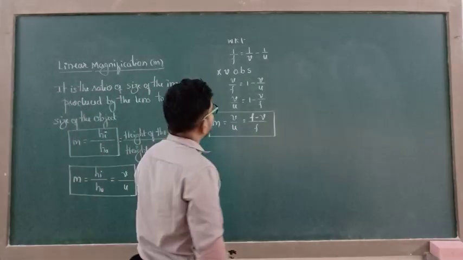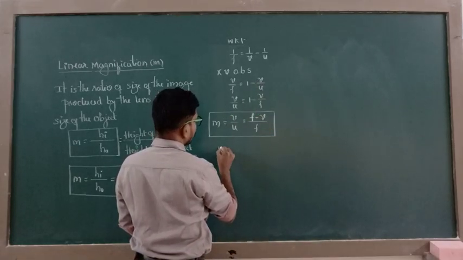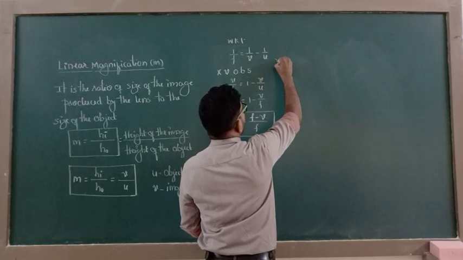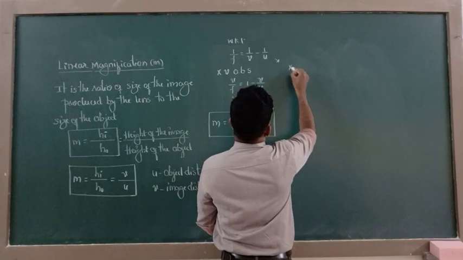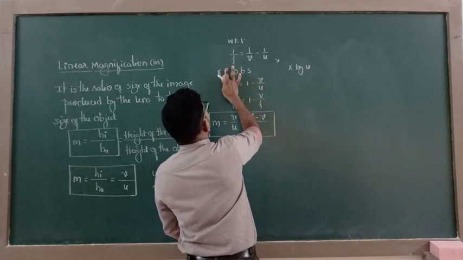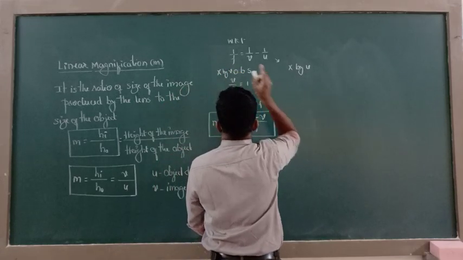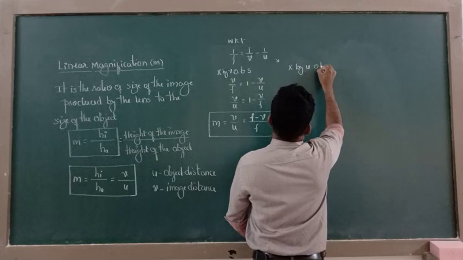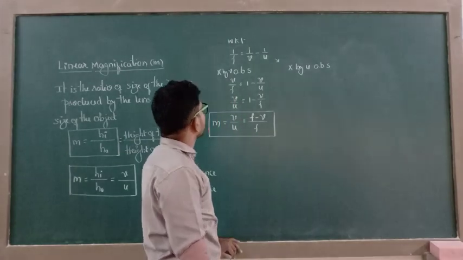Similarly, multiply this equation by U on both sides. This one is not X, it is multiply.